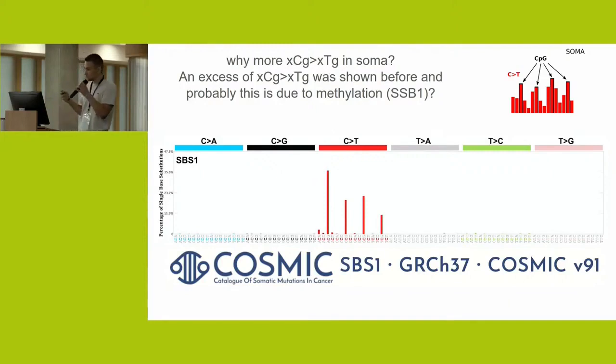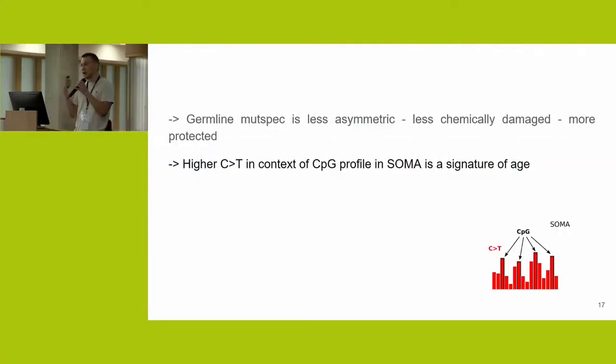They correlate this substitution with aging. Higher C to T in the context of CpG in the somatic line is a signature of age.